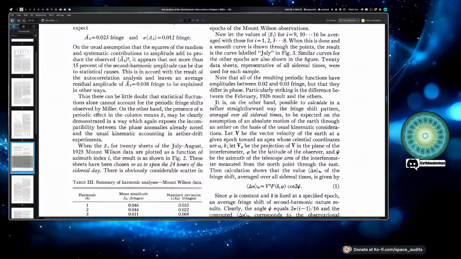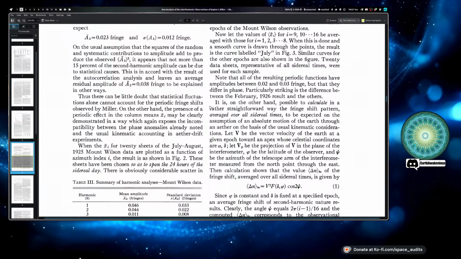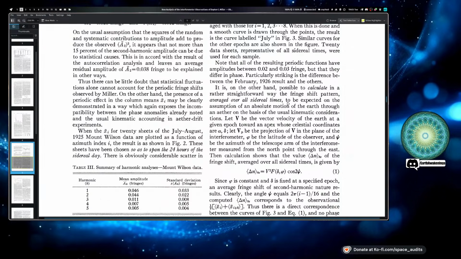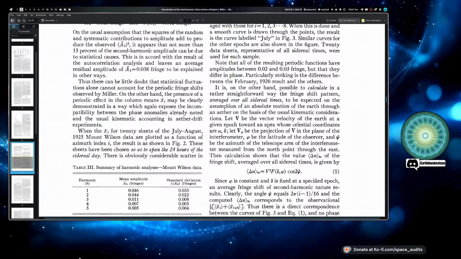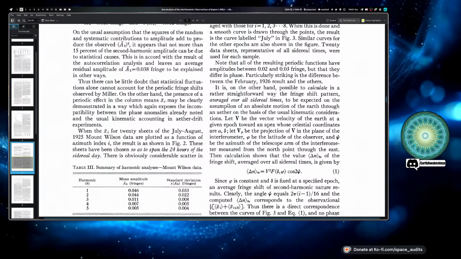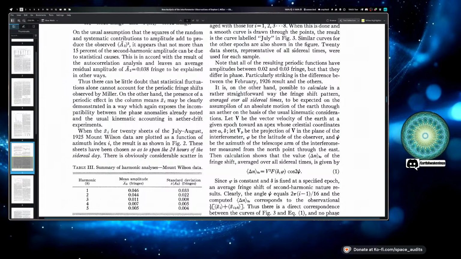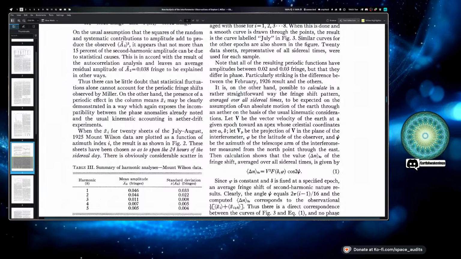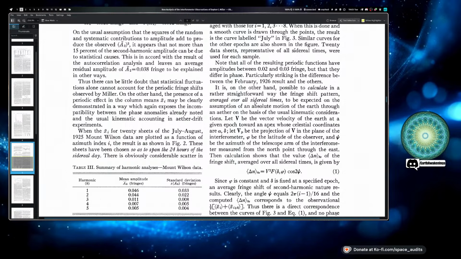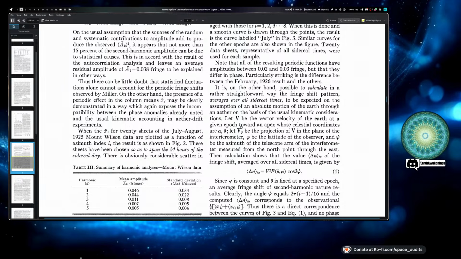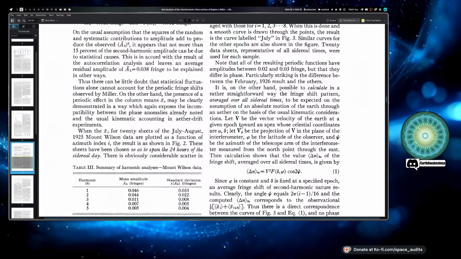It is, on the other hand, possible to calculate in a rather straightforward way the fringe shift pattern, averaged over all the sidereal times, to be expected on the assumption of absolute motion of the Earth through the ether on the basis of the usual kinematic considerations. Let V be the velocity vector of the Earth at a given epoch towards the apex of the celestial coordinates, which are given by alpha, delta.